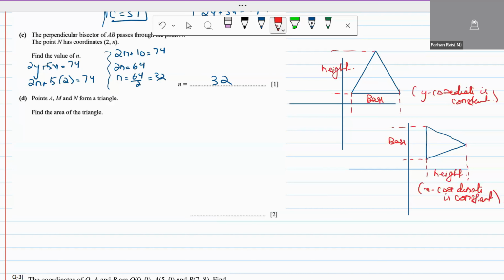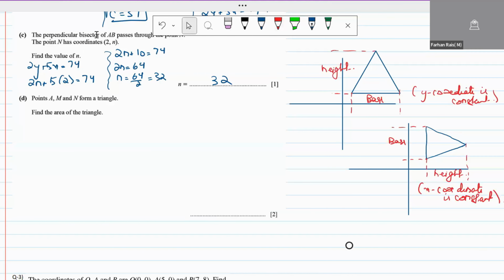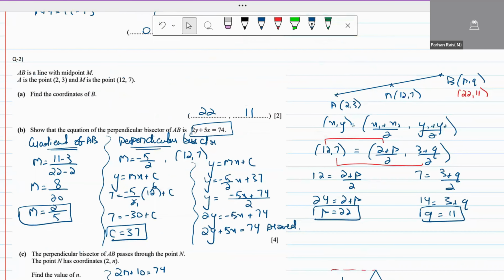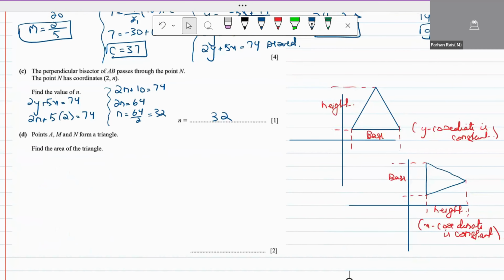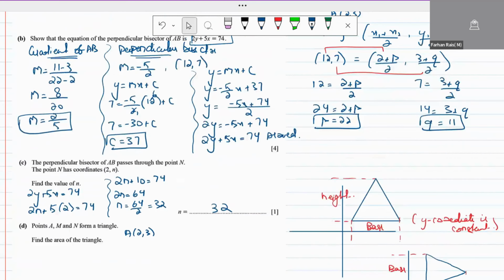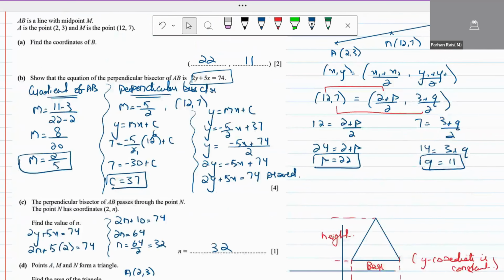Okay. Now let's first write down all these points A, M, and N. A was having the coordinates 2, 3. B was having the coordinates 12, 11.